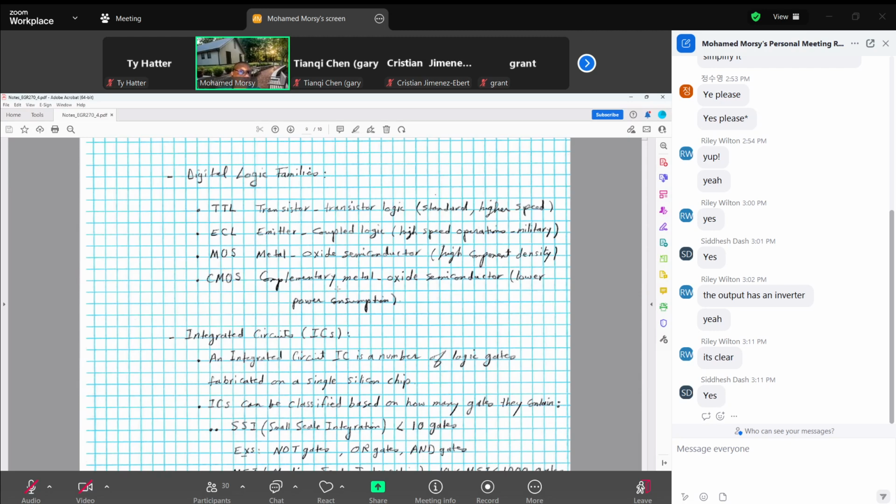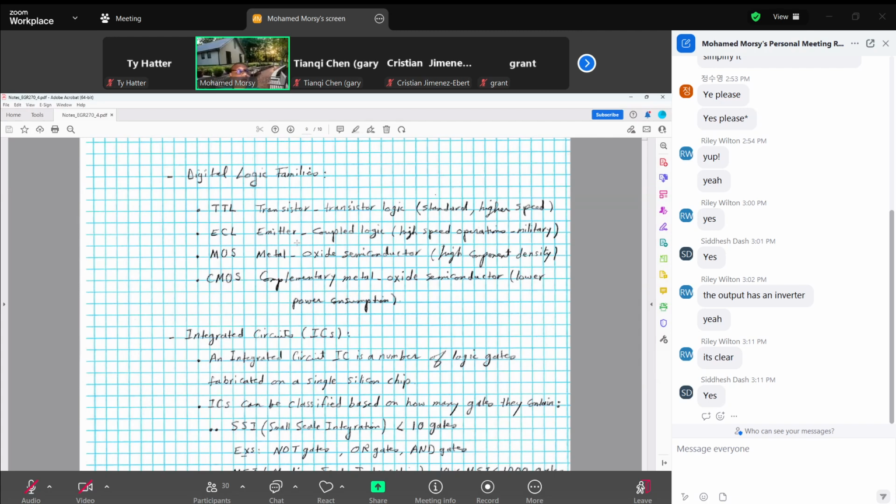For military applications, we always need faster operations, so in the military we rely on another technology called ECL, emitter coupled logic. This is even higher speed operation.